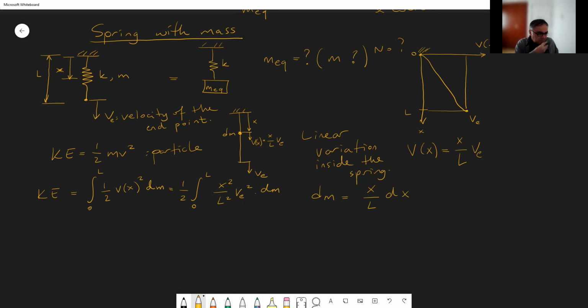This might be a little bit difficult for you, but dm is simply the ratio of the x distance to the L distance multiplied by dx.